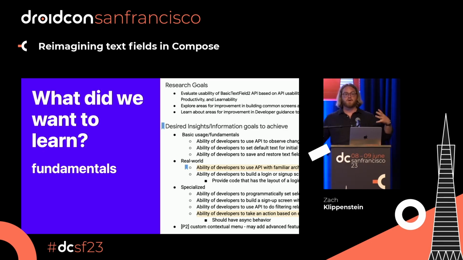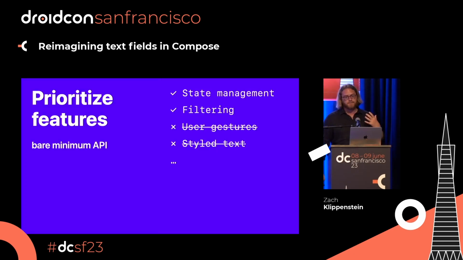So once we knew what we wanted to learn from the study, we prioritized the things we were going to build based on our giant brainstorming doc. And we decided to focus on things like basic state management, filtering, and a few other things that you'll see in a little bit. And we decided to leave some things for later.